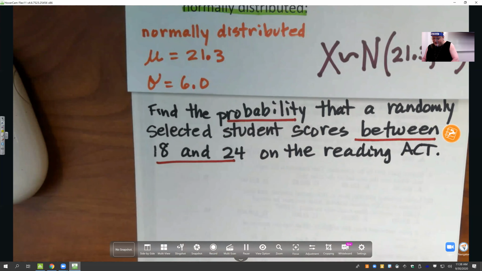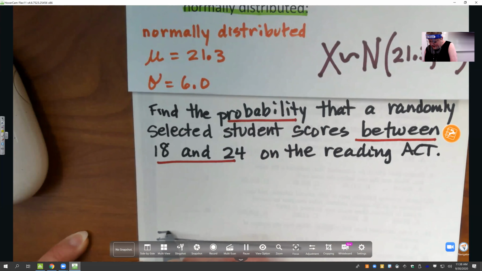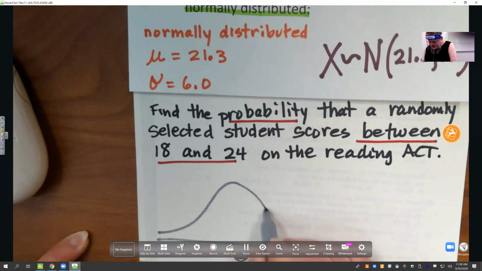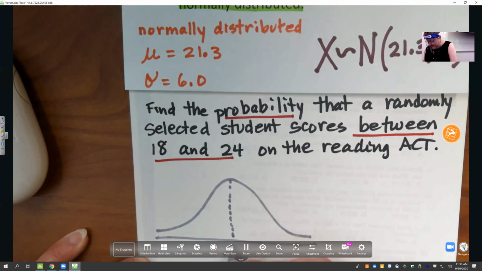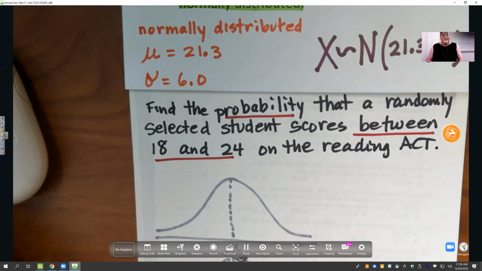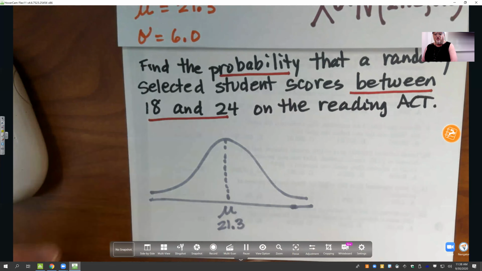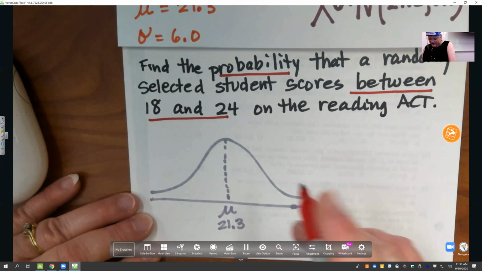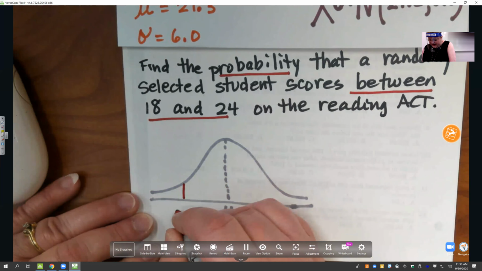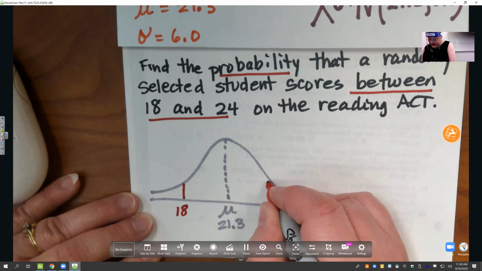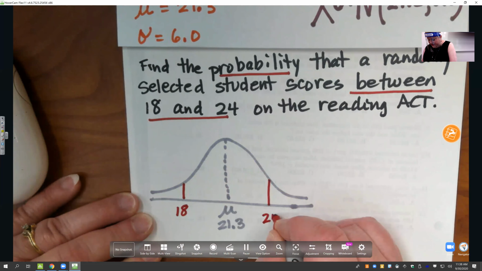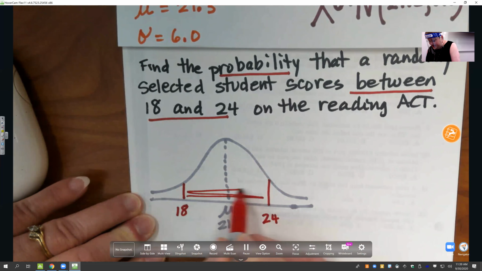So again, I'm going to sketch me a picture. I have my horizontal number line, my bell-shaped curve. The mean is in the middle, which we're told is 21.3. This time we want to be between 18 and 24. So 18 would be on the left-hand side, 24 would be on the right-hand side, and I want to be between it.